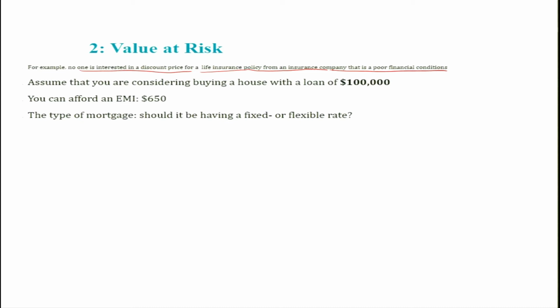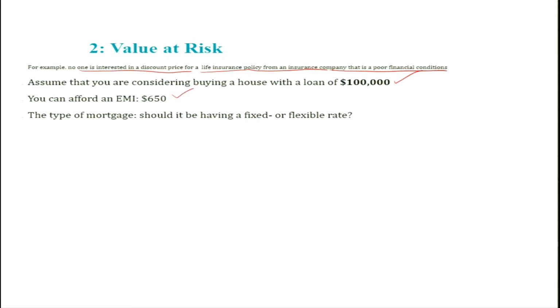To understand this, let us take an example where you are considering buying a house with a loan of 1 lakh. Given your economic condition, you can afford an EMI of $650.